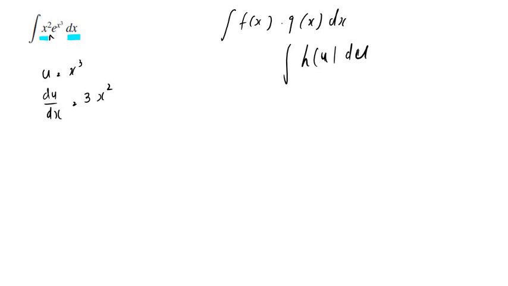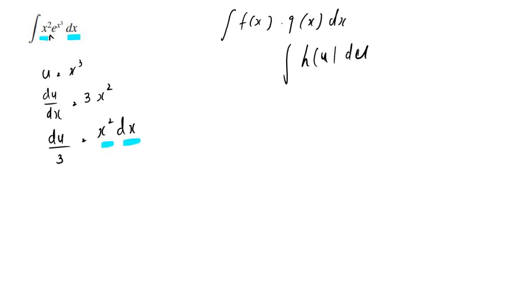So let's do this. So we have du over 3 equal to x squared dx; let's keep x squared dx on this side and get the 3 down here. So we know x squared dx is already here. So x squared dx is here.